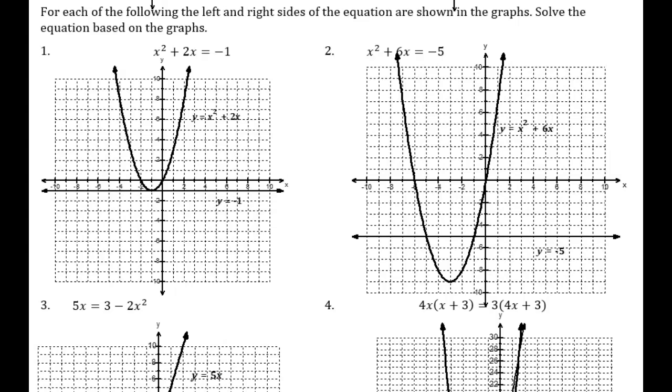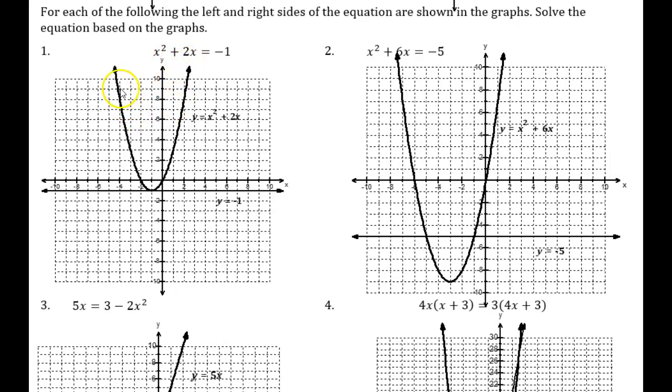Another way these could be presented to you is that the equals would have a value there, or another equation there. With this quadratic, we have x squared plus 2x equals negative 1. You do have the option of bringing the negative 1 over and solving that quadratic. But what we're going to do here is treat the left side of the equation and the right side as two different graphs, and we'll show this in the graphing calculator for more clarity.